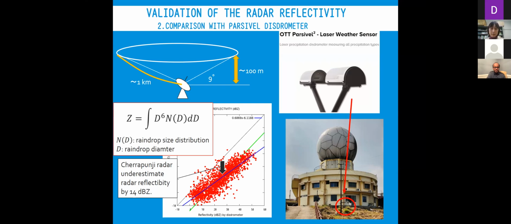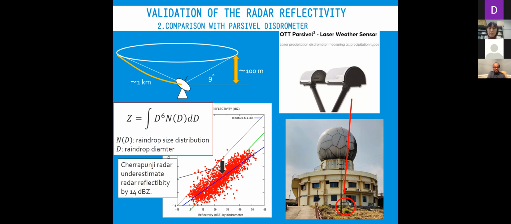Therefore, the radar reflectivity can be validated by the disdrometer. We used the PPI scan of the radar at 9-degree elevation angle and calculated the average of radar reflectivity at around 1 kilometer distance. It corresponds to around 100 meters above the radar.